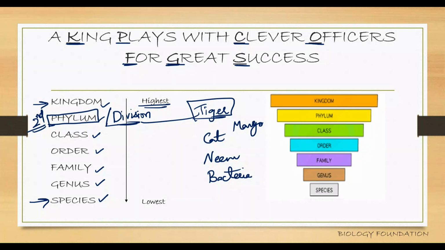This is what I told yesterday, that we'll be discussing this picture today, where kingdom is the topmost rank, followed by the species being the lowest. And for animals we use the term phylum; if it is plants, we use the term division.